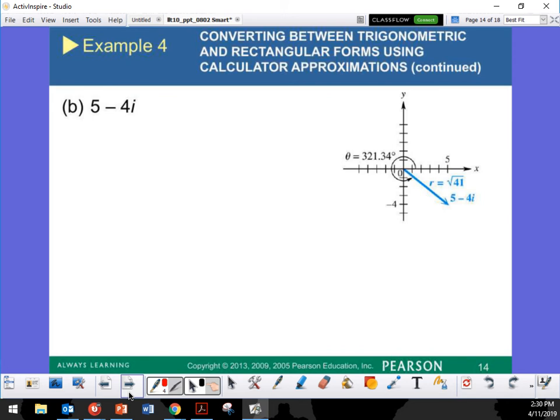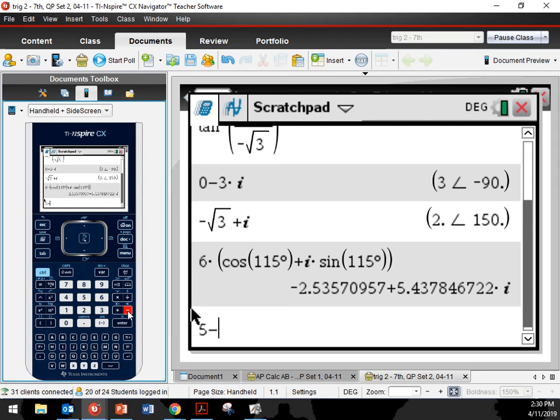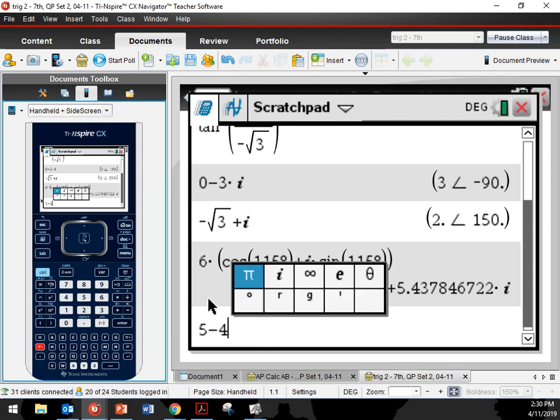Now, for this one right here, let's just do it all right here. So, if I'm going to have this, and I want to convert it to CIS, we should need the r first. Now, let's take my values, which is 5 minus 4i.